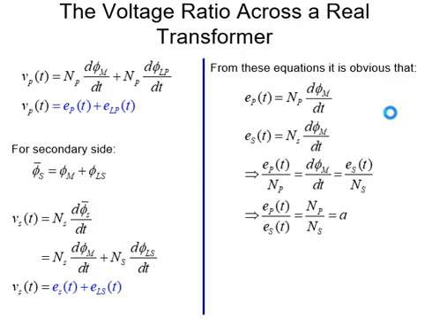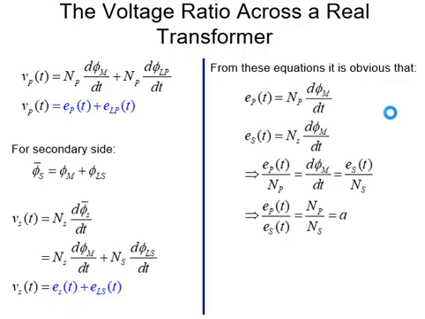Now we take this NP in the top equation and NS in the second equation. We take these N's toward the left hand side, which will go in the denominator, and you will note that the right hand side would become equal and similar.